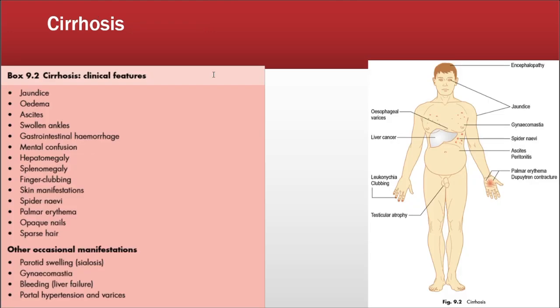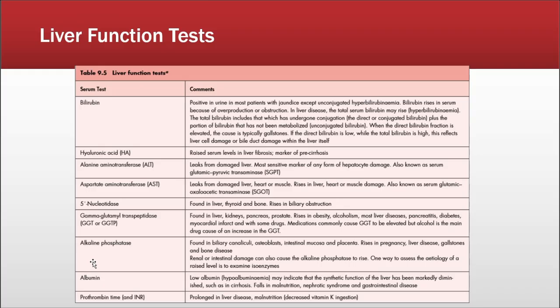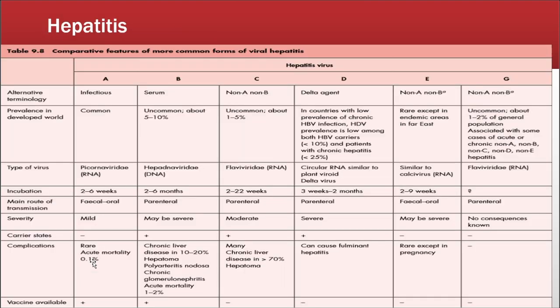Now, cirrhosis, as we said, is the transformation of the liver parenchyma. Now, the most important thing that we need to know is that it can cause parotid swelling or sialosis. Here are the liver function tests that we can order for any patient that needs it. Now, hepatitis viruses.